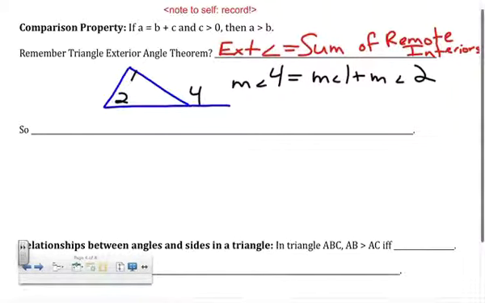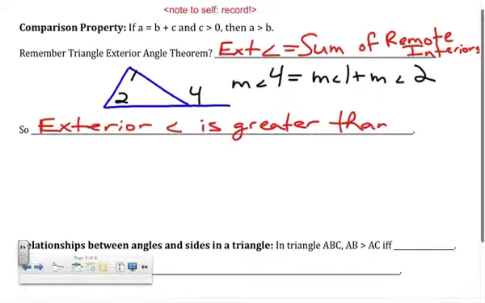Absolutely, that's exactly where we're going with that. So, an exterior angle is greater than either remote interior angle.